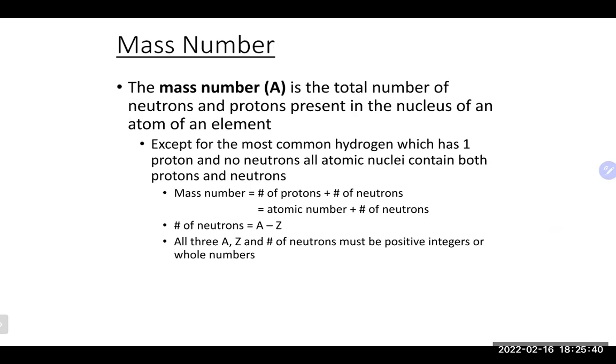The other important number is the mass number. The mass number is sometimes abbreviated with an A. The definition of the mass number is the number of protons and neutrons that you find in an atom.